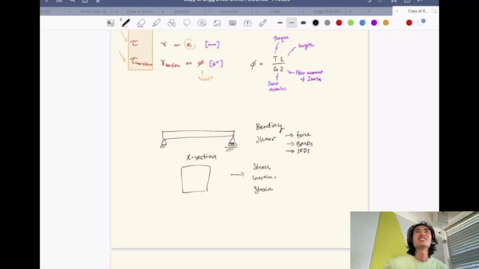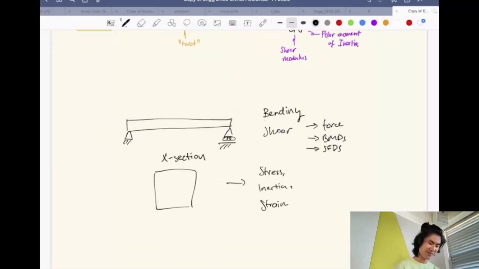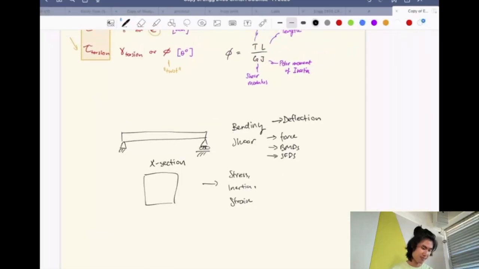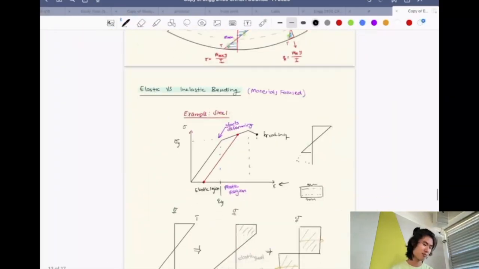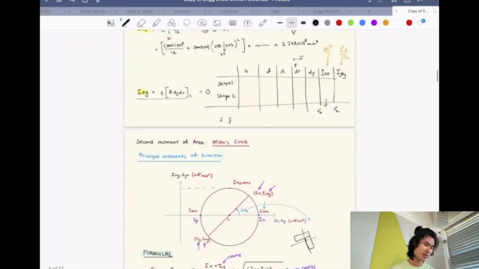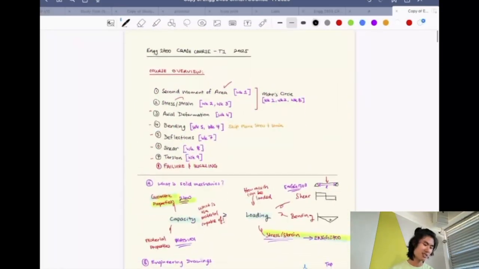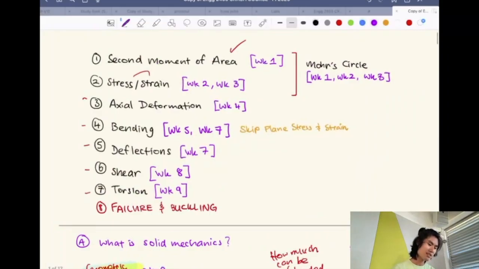Oh yeah, and deflection. That's mostly the course, I think. There's another topic that I don't really mention: plane stress and plane strain, and failure and buckling.